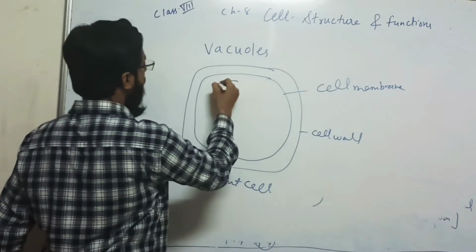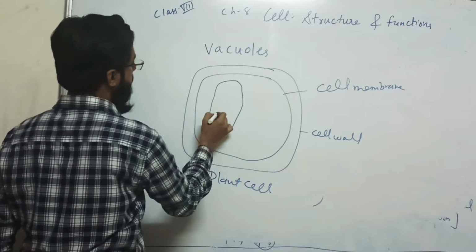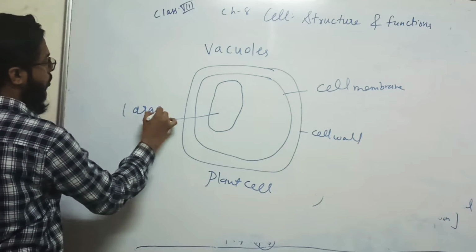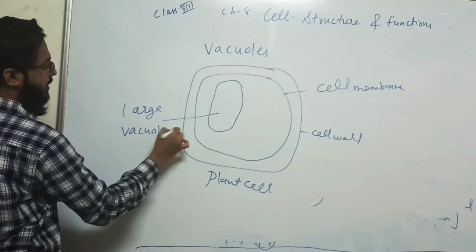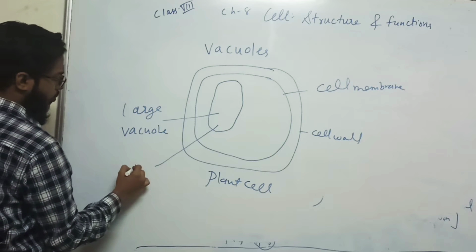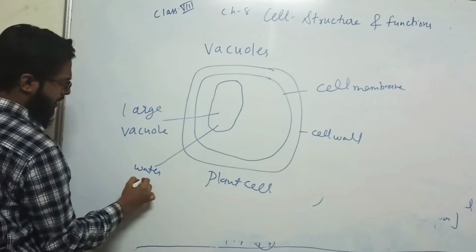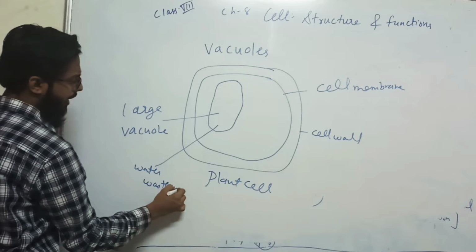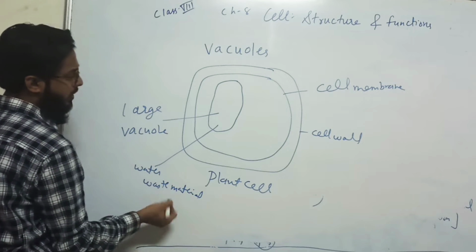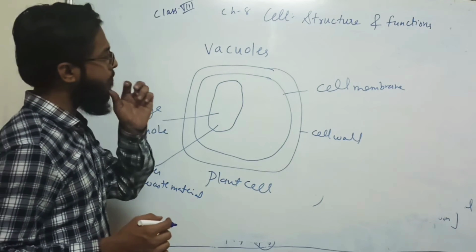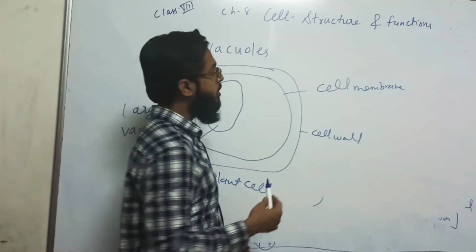There are large vacuoles present in the plant cell which store water, waste material, glycogen, oil, different things are stored in these vacuoles. So these are vacuoles present in the plant cell.